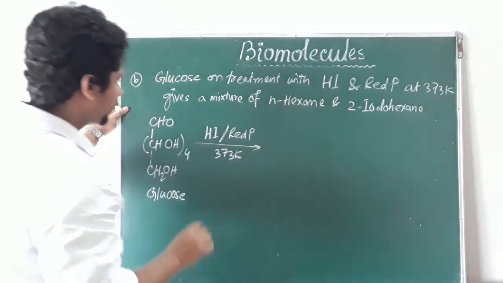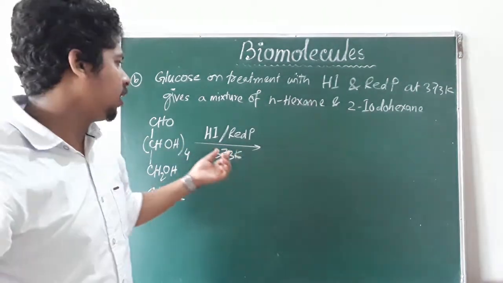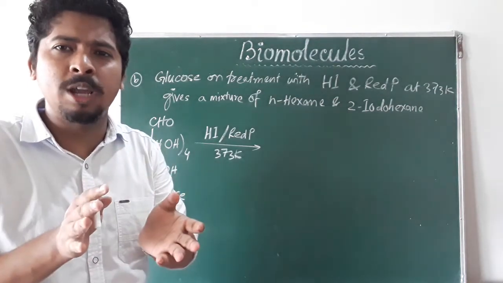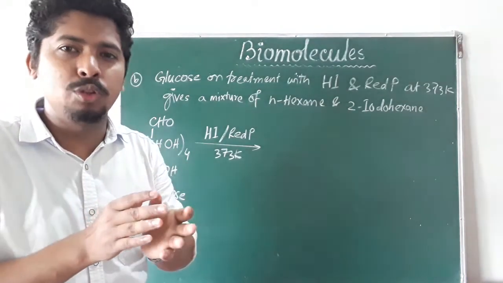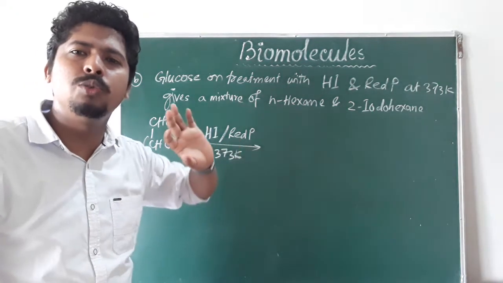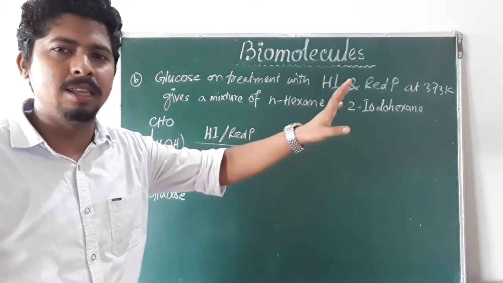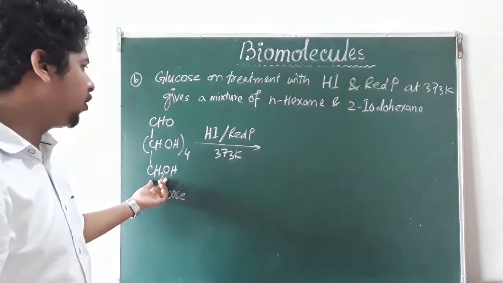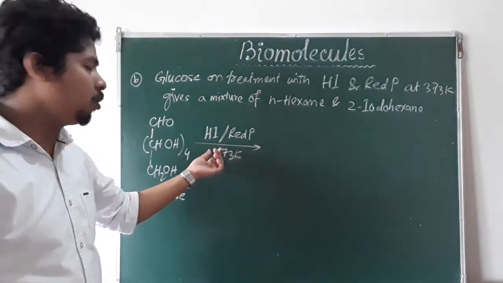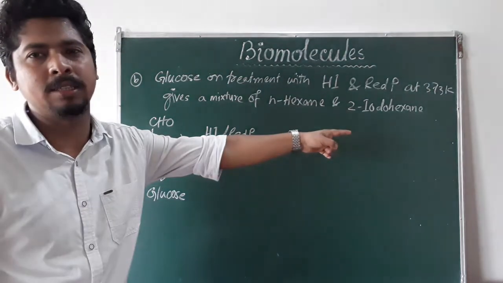So this reaction we have studied in our class 11 also. Any alcoholic molecule, any carbonyl molecule, or carboxylic acid molecule on treatment with hydrogen iodide and red phosphorus is converted into the corresponding alkane. Similarly, this glucose upon reduction will convert into the straight chain form, that is hexane, and 2-iodohexane.